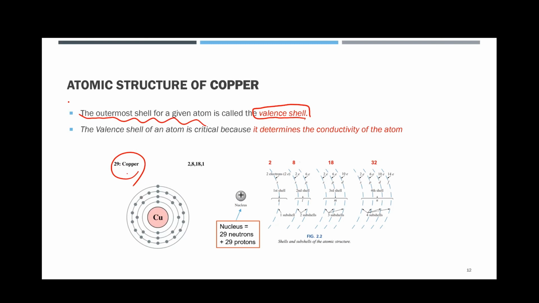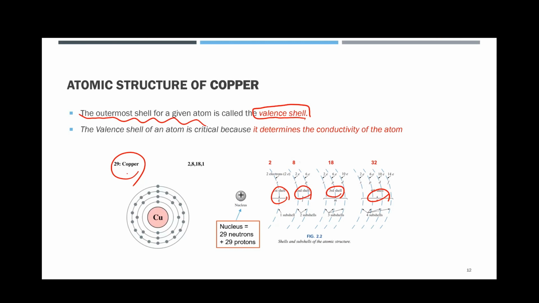From these slides, we can see that Cu, copper, has the atomic number 29. You have to know about the shells: first shell, second shell, third shell, and fourth shell. Each shell has a maximum capacity of electrons: the first shell 2, second shell 8, third shell 18, and fourth shell 32.